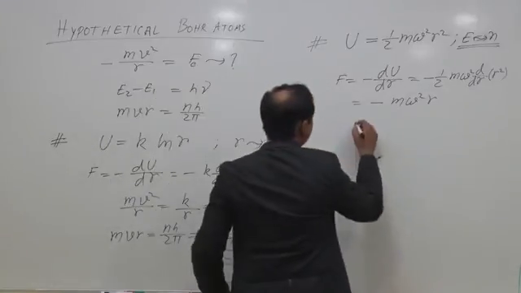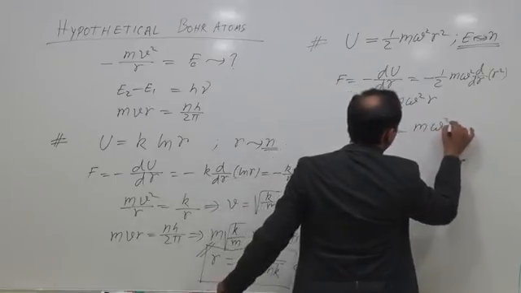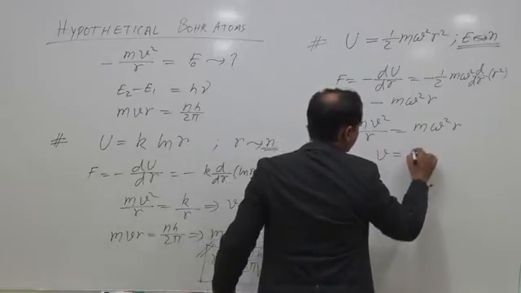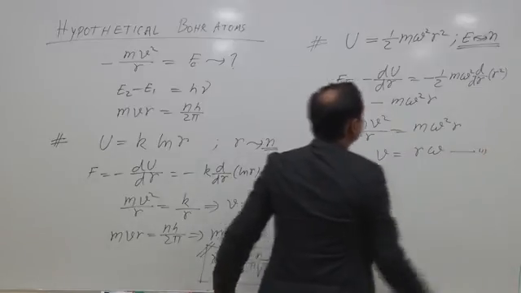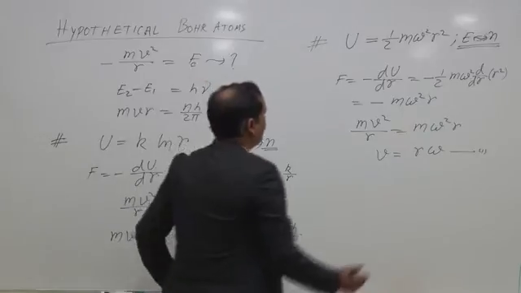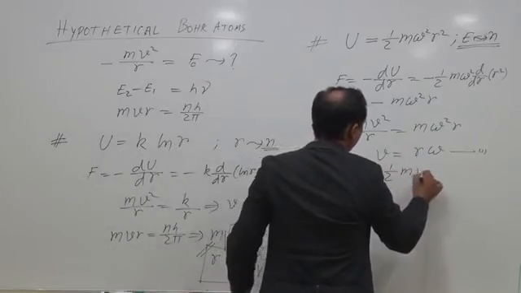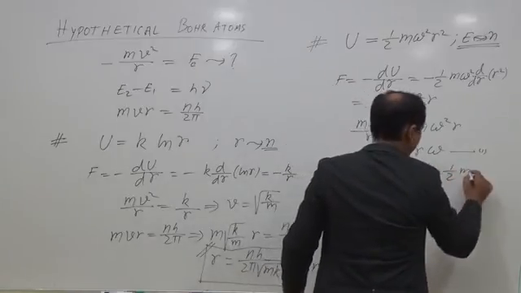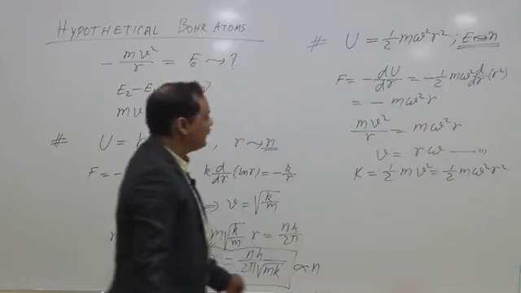From Bohr's first postulate, mv square by r is equal to m omega square r, or from here we have v is equal to r omega. If v is equal to r omega, then the kinetic energy K is equal to half mv square, that is equal to half m omega square r square, that is the kinetic energy.